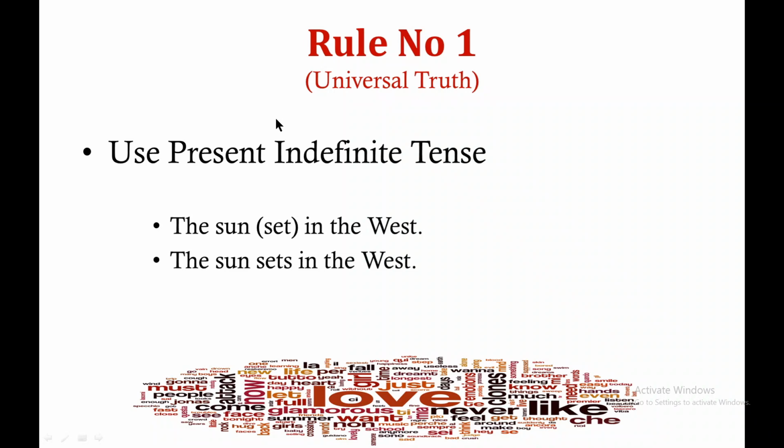But for the sake of this lesson, whenever you see a universal truth in the sentence, you have to apply present indefinite tense. So the sun sets in the west, this is universal truth. You have to use present indefinite tense, and since we have a singular subject, we have to put s or es with the verb. So we have applied s with set, so it becomes the sun sets in the west. So this is the first rule. I hope it is clear to you.